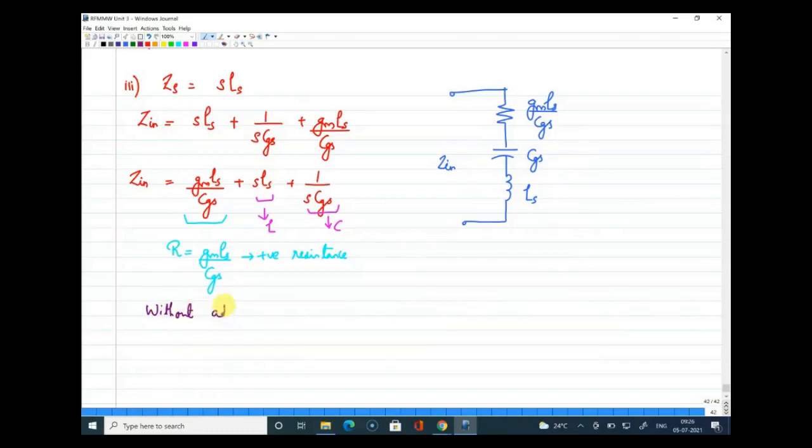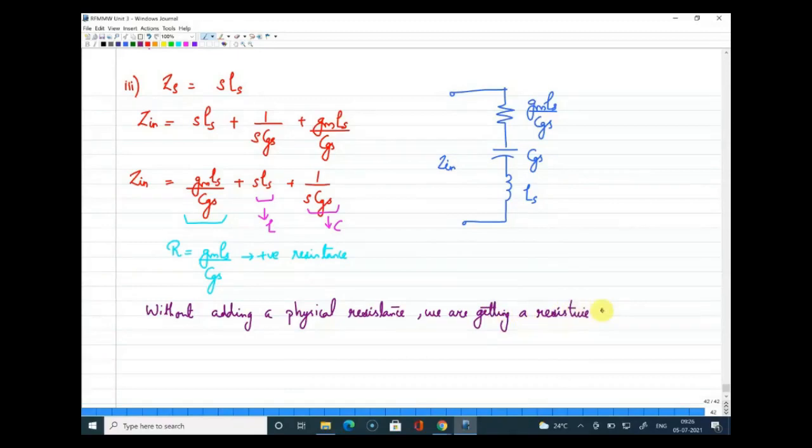So without adding a physical resistance, we are getting a resistive component. That is actually the beauty of adding an inductance at the source of a common source transistor.